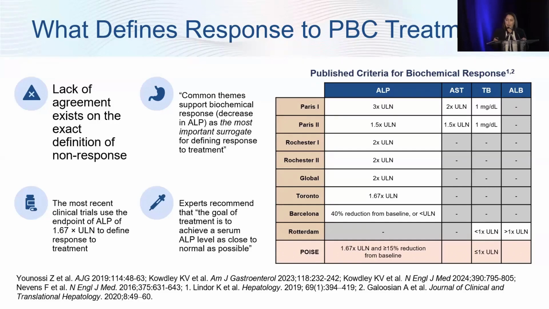And the very bottom criteria there that's highlighted in the lighter orange color, POISE, is what has been used in the more recent clinical trials getting therapeutics approved for PBC. And so that's a serum alkaline phosphatase level less than 1.67 times the upper limit of normal and a greater than or equal to 15% reduction in the alk phos from the patient's baseline combined with bilirubin less than or equal to 1.